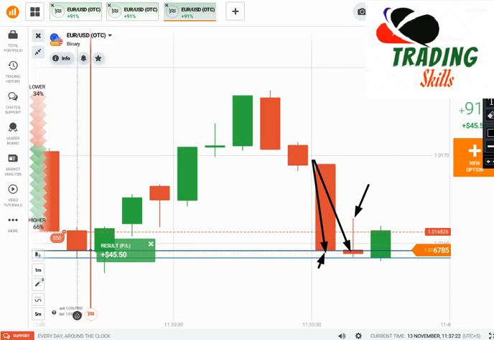Now the possibility of buyers entering the market is very high. Why? Because you can see buyers tried here from the lower side and from the upper side also. They showed their presence in this candlestick. In those candlesticks there was no buyer sign, so because of that the market was continuously going down.